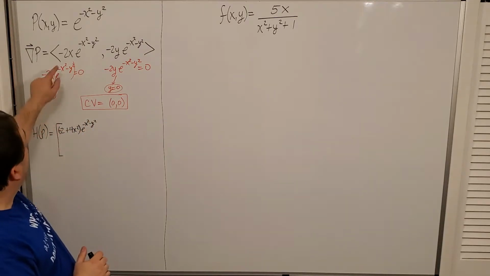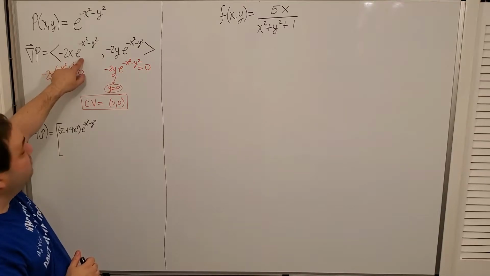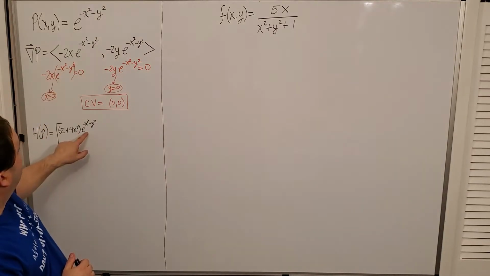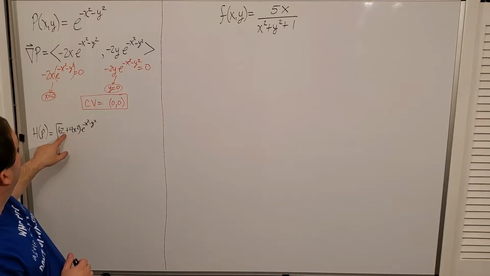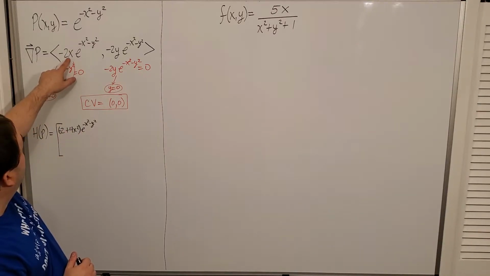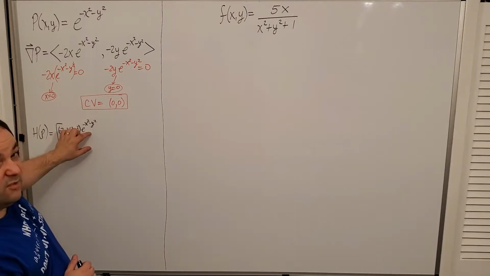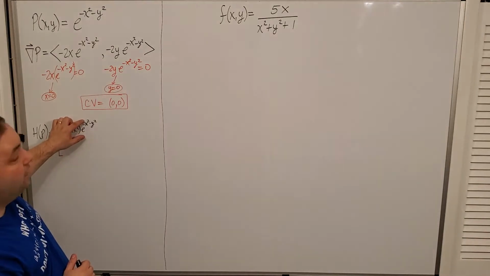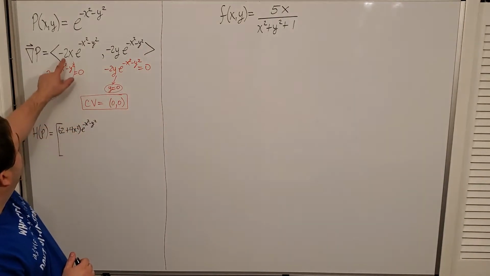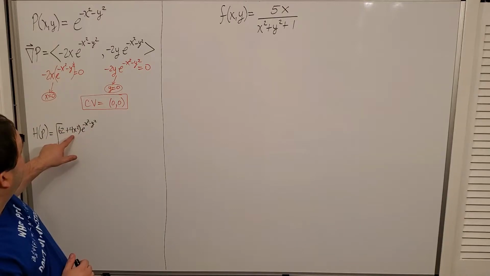Double check with me. I took the derivative of the 2x portion of the product rule, right? Left the exponential alone. Next, I kept the negative 2x and did the derivative of the exponential portion, which kept itself again, and then popped out another chain rule, negative 2x, and the negative 2x times the negative 2x gave me 4x squared.